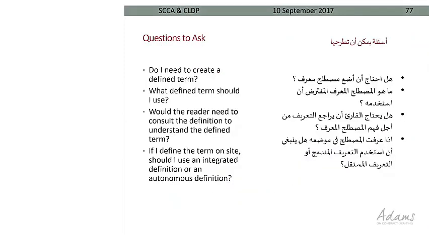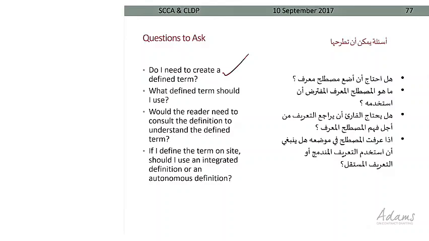So, when I feel the urge to create a defined term, I ask myself these questions. Do I need to create a defined term? Defined terms allow you to state a concept more concisely and consistently than you would otherwise, but defined terms come at a cost.